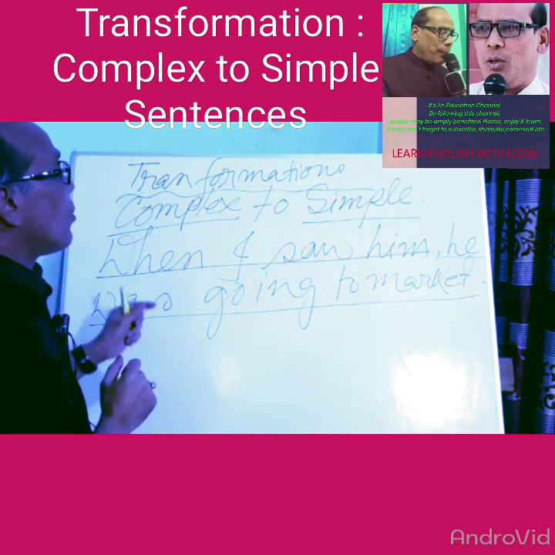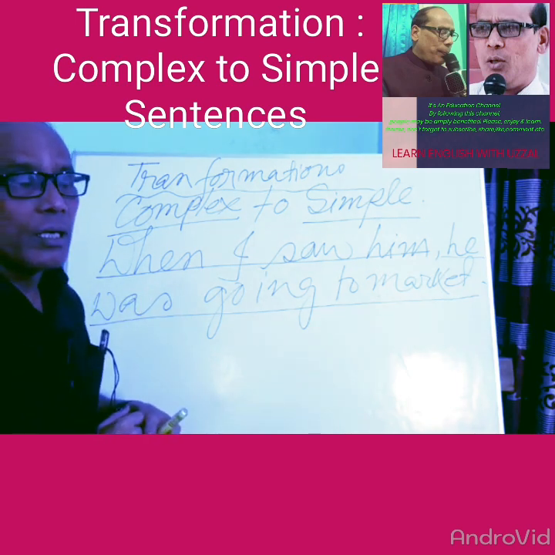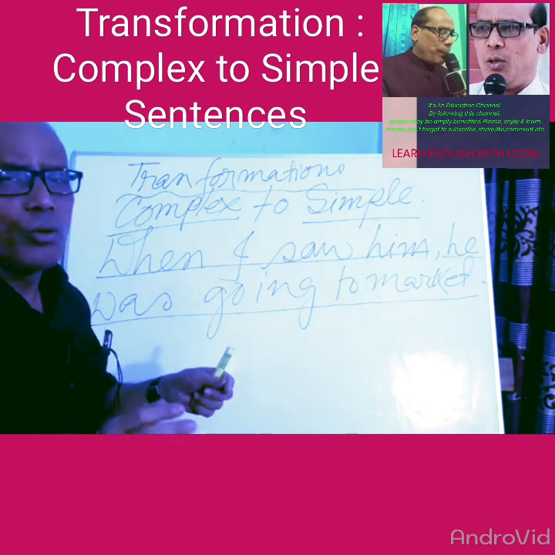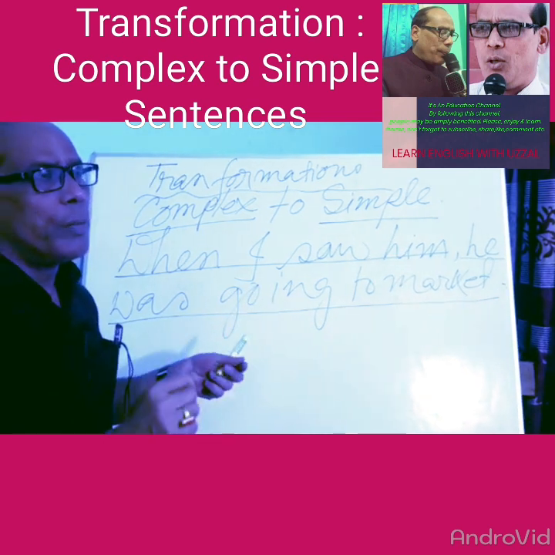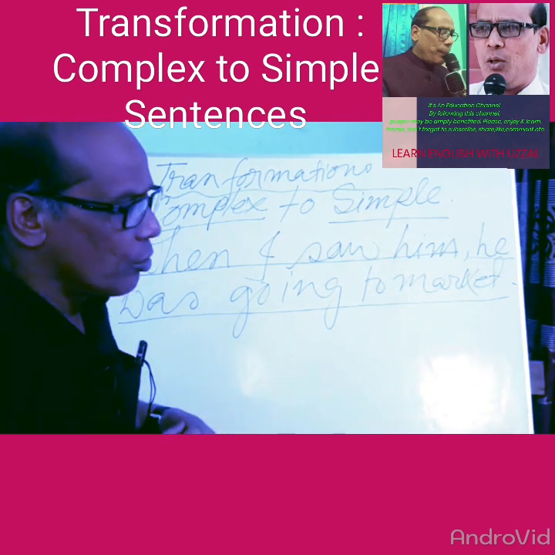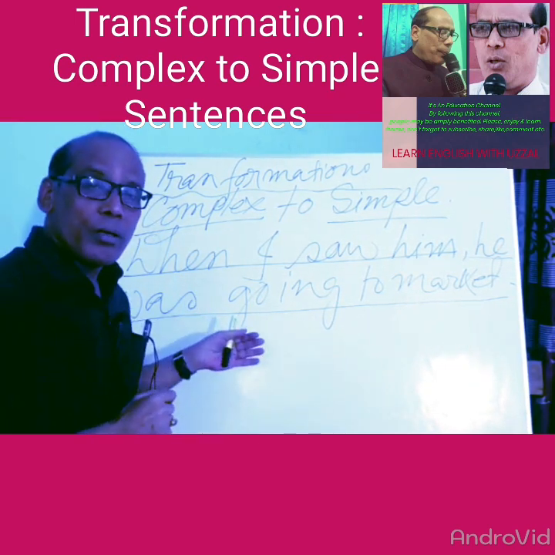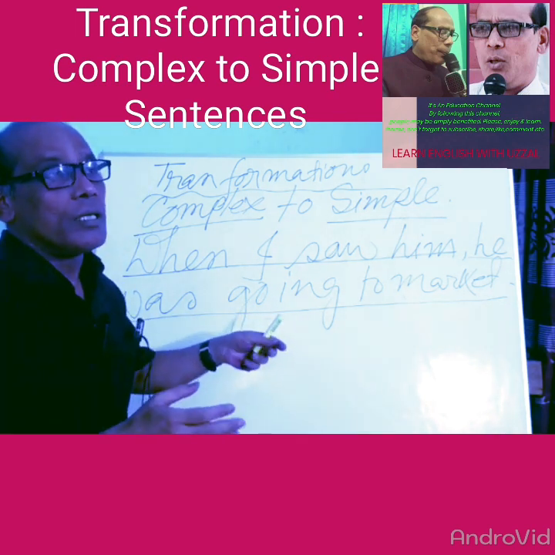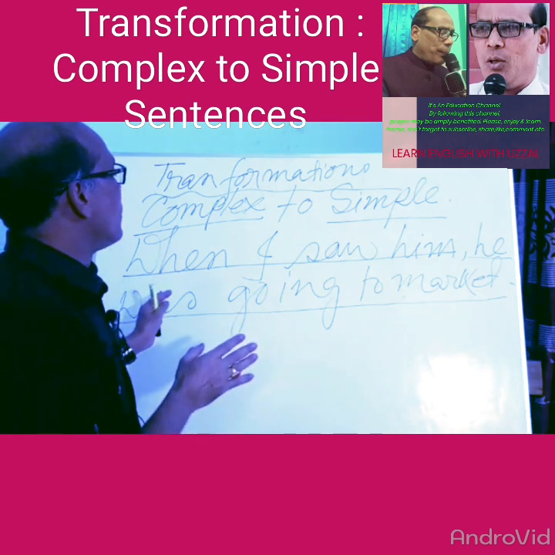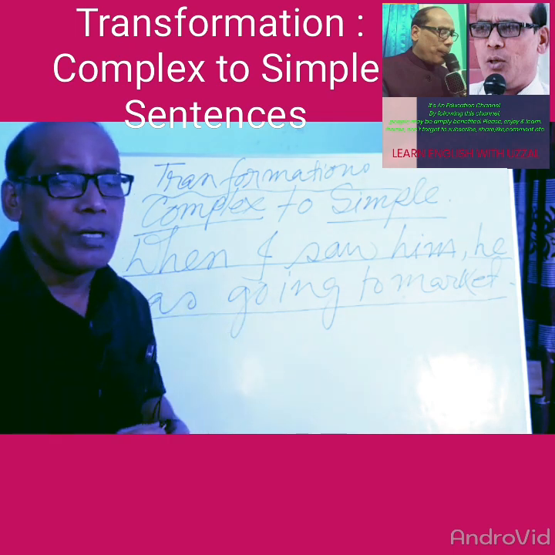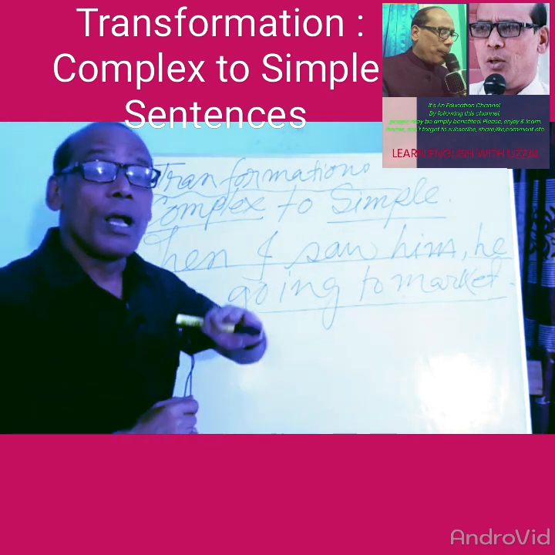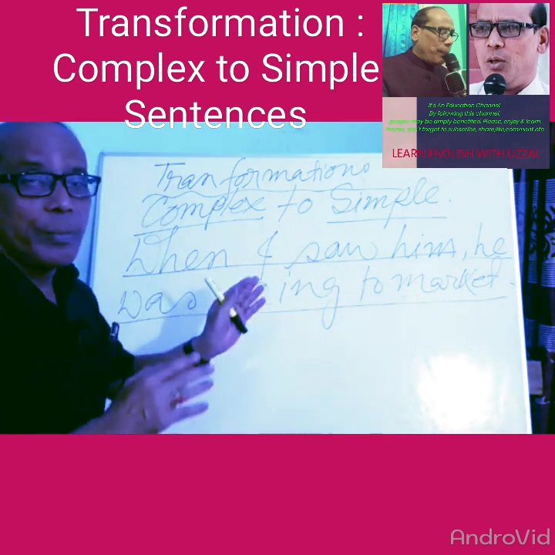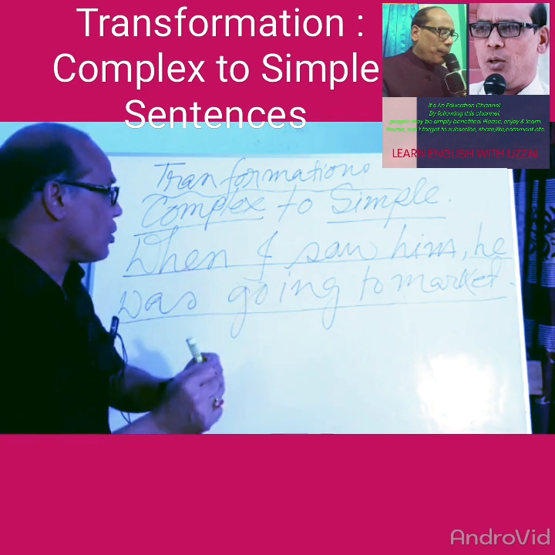The clause which is independent and doesn't need to depend on another clause for complete sense or meaning is the main clause. Subordinate means it is under somebody or something. A subordinate clause cannot make complete meaning without the help of another clause. That means the subordinate clause is dependent on the main clause.